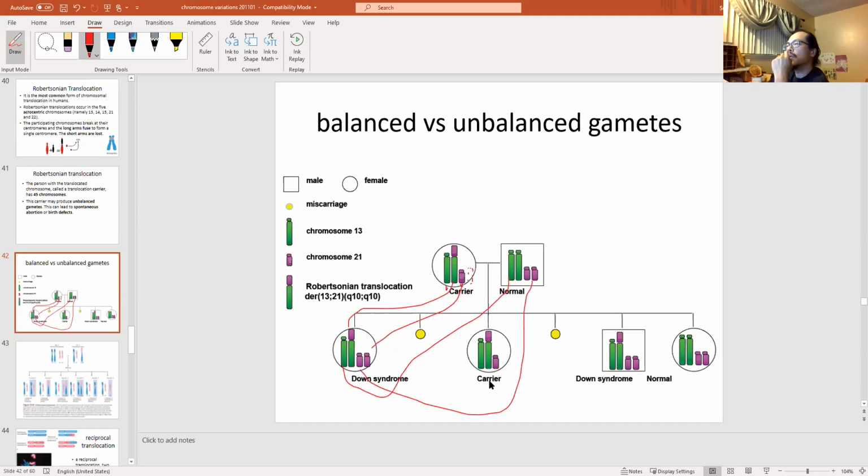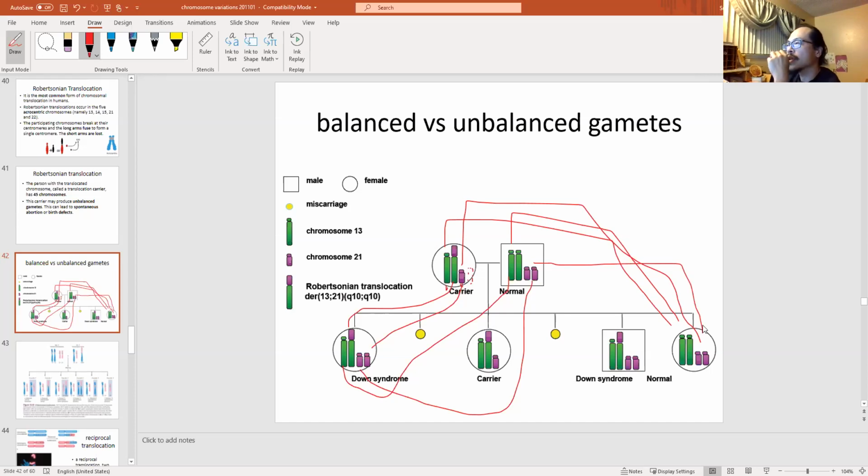If you have, for example, a balanced one, you may have this one, and this one, and this one. So the result is balanced. This one is also balanced, right?